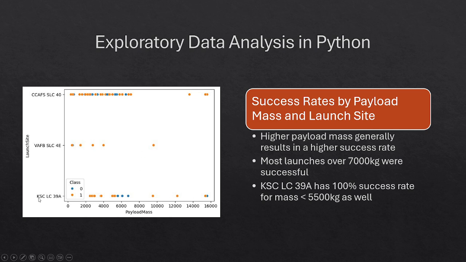And this KSC LC39A launch site has an almost perfect success rate for a mass under 5,500 kilograms and an almost perfect success rate for mass over 8,000 kilograms. So that's kind of intriguing to me. This VAFB LC4E launch site is mostly successful, but also doesn't have many launches.